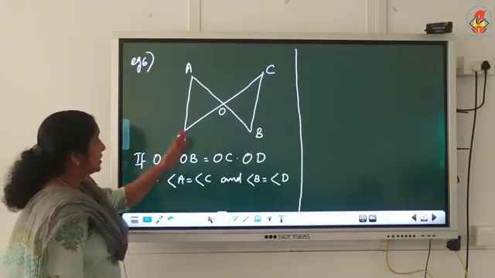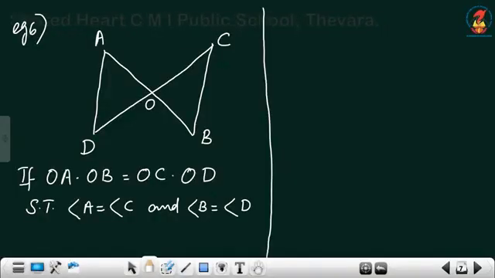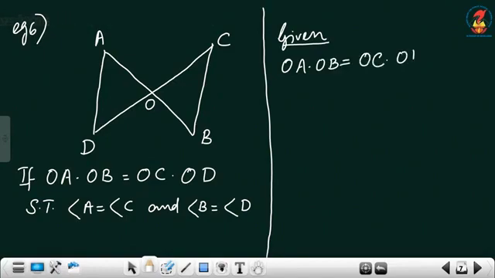So example 6. OA into OB is equal to OC into OD. Show that angle A is equal to angle C and angle B is equal to angle D. What is given is OA into OB is equal to OC into OD.